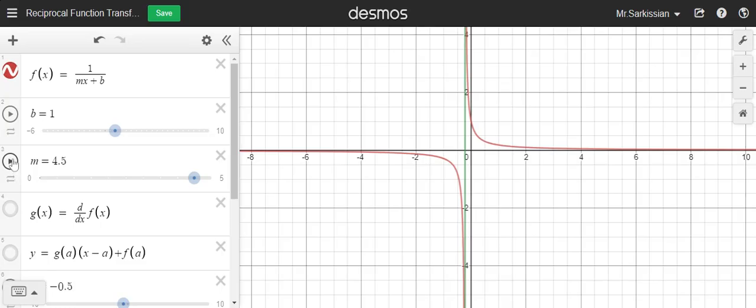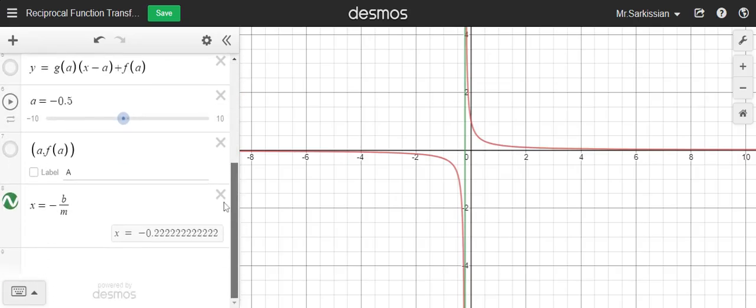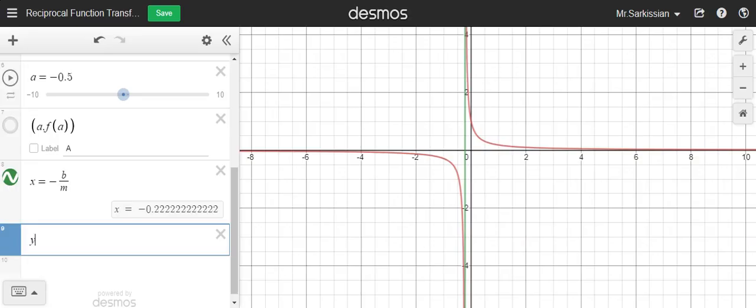And the horizontal asymptote of a reciprocal linear function has the equation of y equals 0, which is actually the x-axis. So I can here define y equals 0, which is the horizontal asymptote.